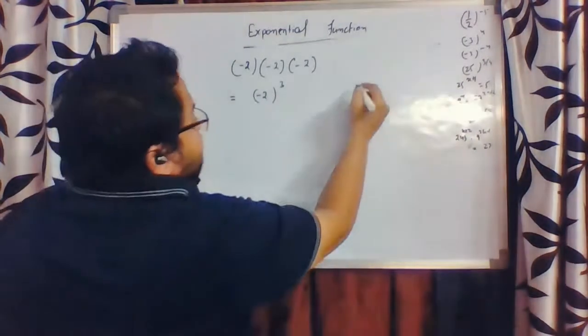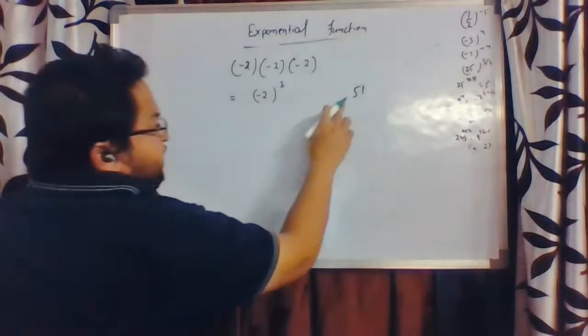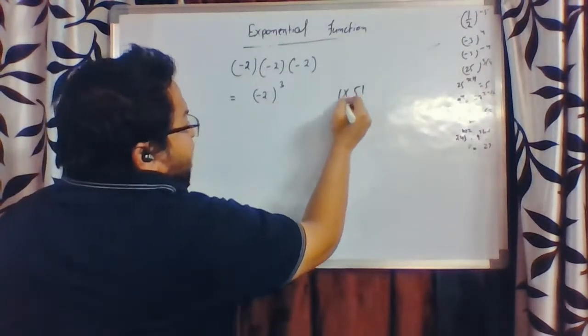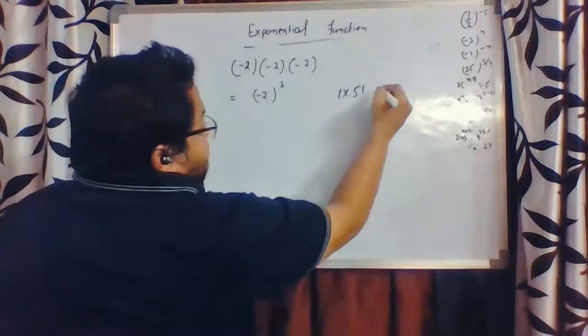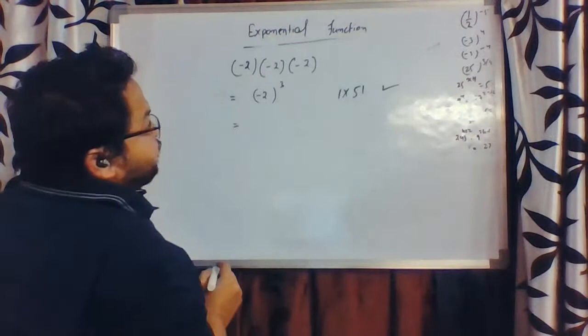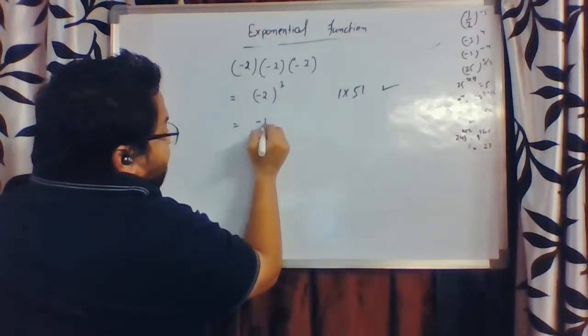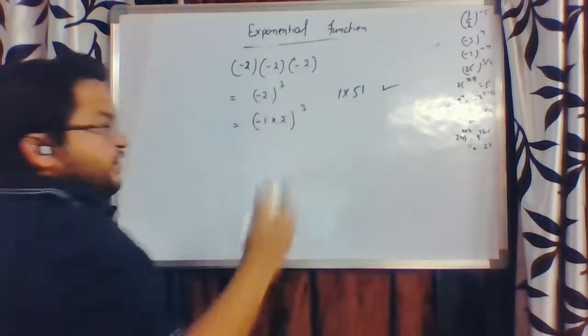Now, whenever I say a number 51, can I rewrite number 51 as 1 into 51? That is obviously acceptable. So rather than minus 2, can I write it as minus 1 into 2 to the power 3?